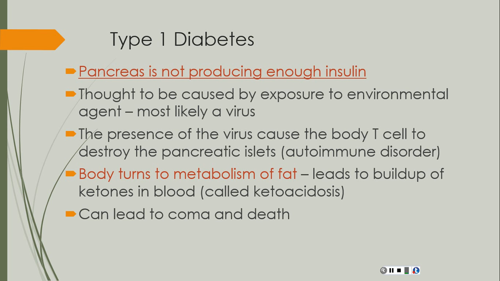Whatever that virus does, it causes the body's own T cells to go in and destroy the pancreatic islets. Those are the ones, remember, the B cells produce the insulin. Well, the T cells, your body's immune response, is trying to fight this virus, but it ends up actually destroying its own pancreatic islets, and therefore it cannot produce enough insulin.